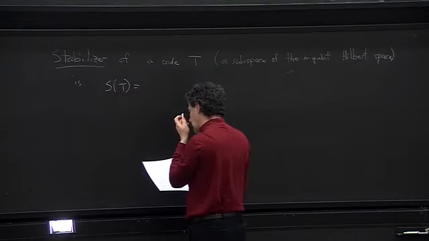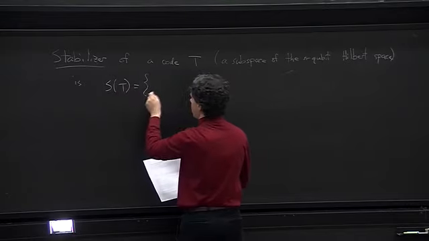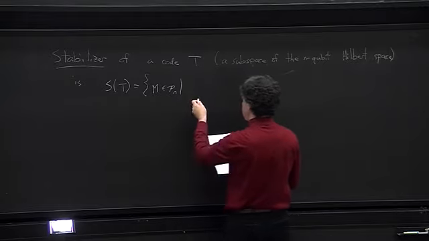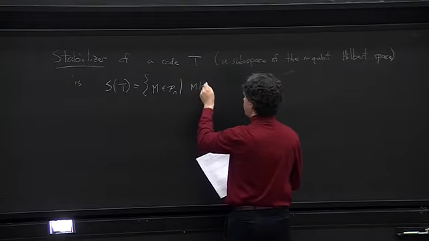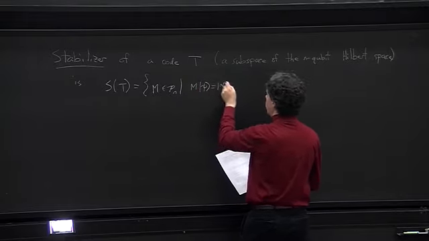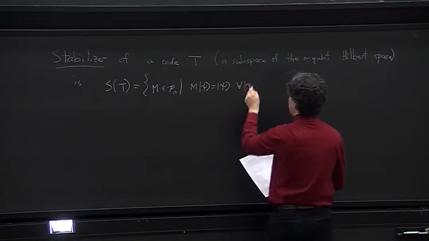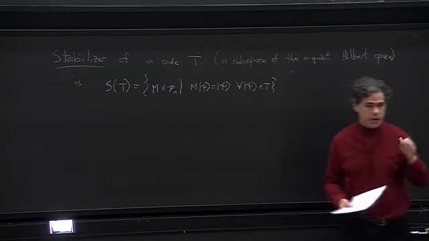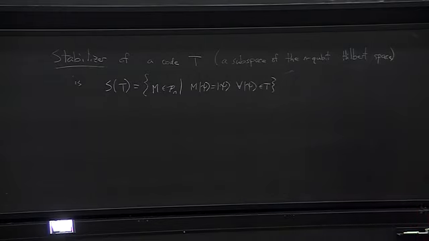The stabilizer is then the set of Paulis M such that M psi is equal to psi for all psi in T. So it's a set of Paulis that have +1 eigenvalue for every code word.